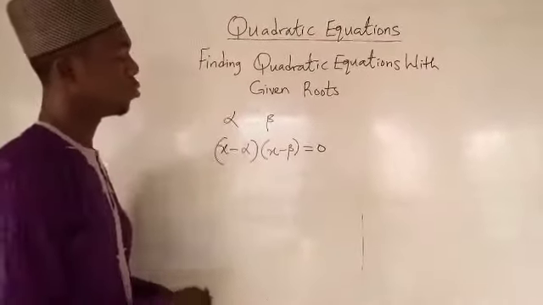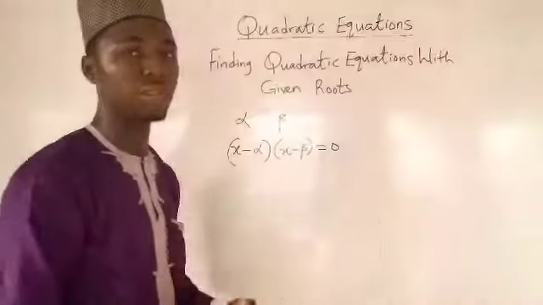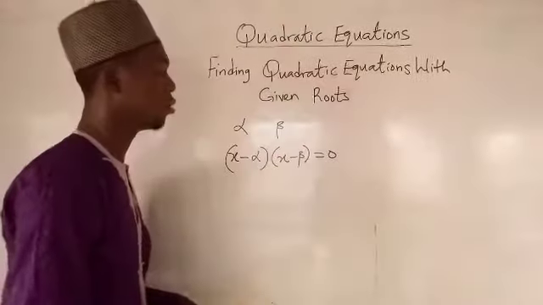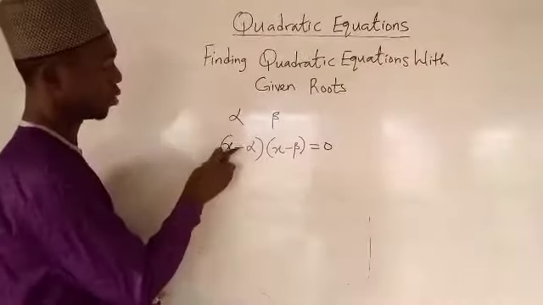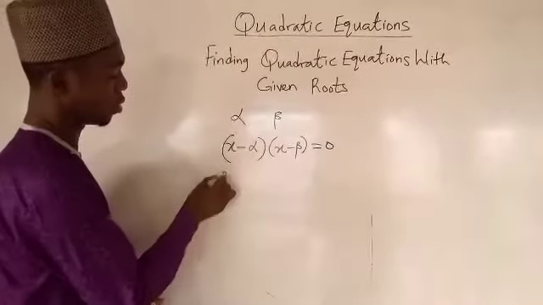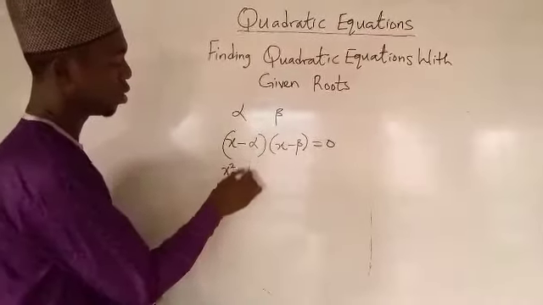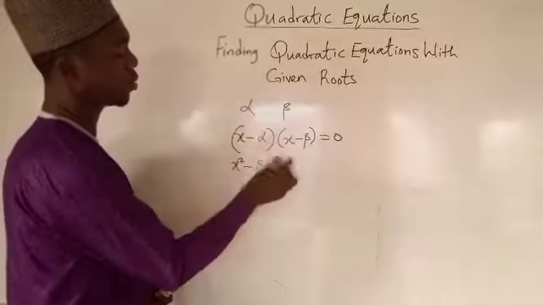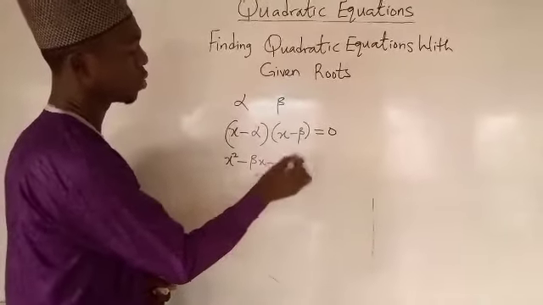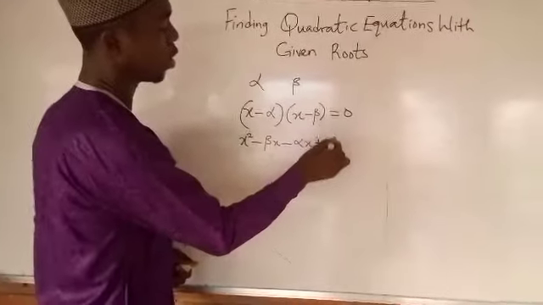But to ease the stress of expanding brackets, collecting like terms, and all those steps, we can open this bracket as is: x times x, x squared; x times minus beta, minus beta x; minus alpha times x, minus alpha x; then minus alpha times minus beta, plus alpha beta.